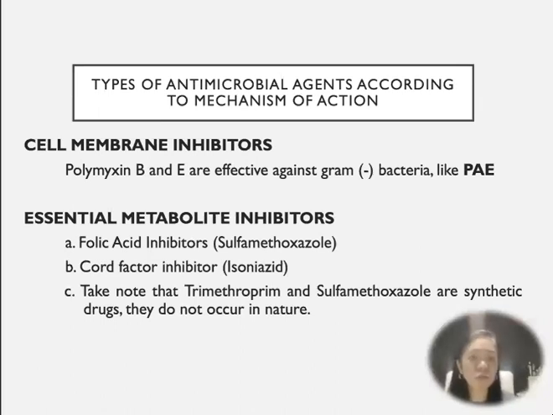Okay, and of course we have the essential metabolite inhibitors. These are those that are able to inhibit pathways of the formation of our materials like folic acid. So sulfamethoxazole, for example, inhibits a specific pathway of folic acid. And then isoniazid is a cord factor inhibitor.